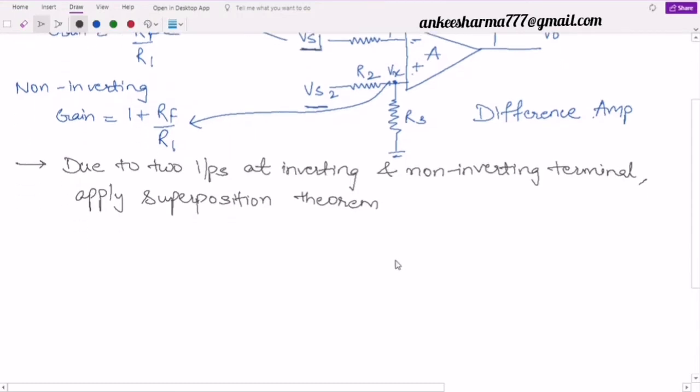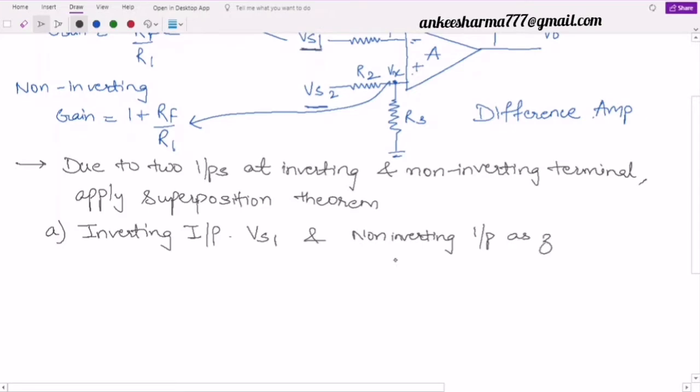In that case, I am going to take only the first as my inverting input. What is my inverting input? That is Vs1. And I will take my non-inverting input equal to 0, that is, Vs2 is equal to 0.